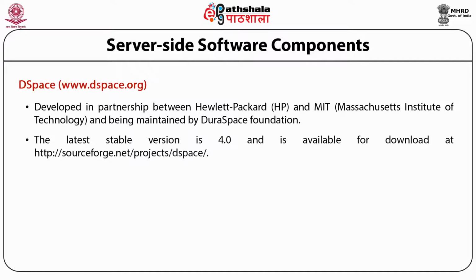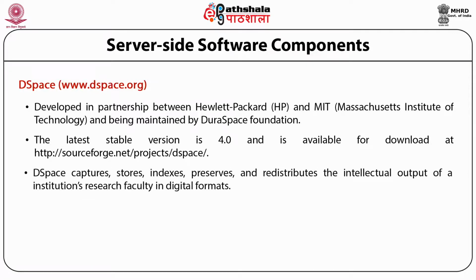The latest stable version is 5.2 and is available for download at the URL given on your screen. DSpace captures, stores, indexes, preserves, and redistributes the intellectual output of an institution's research faculty in digital format.